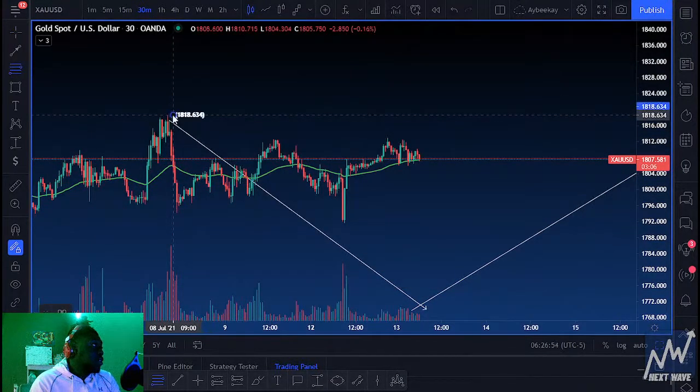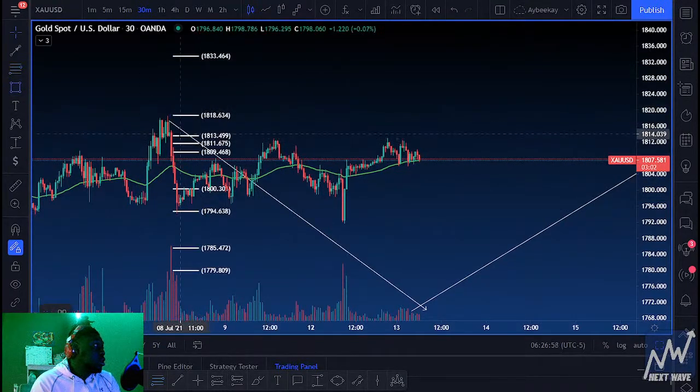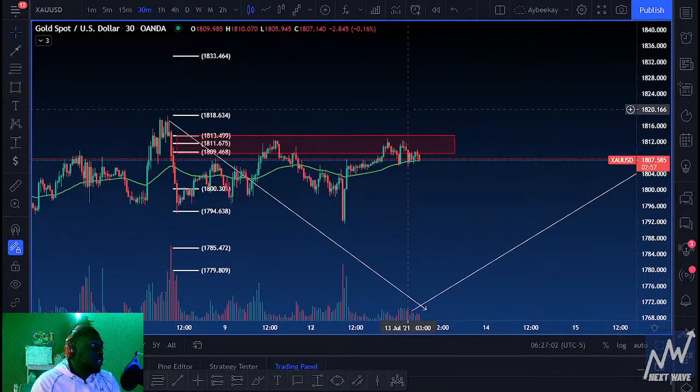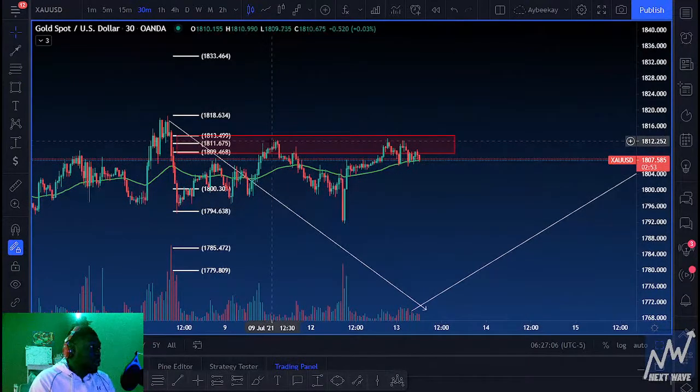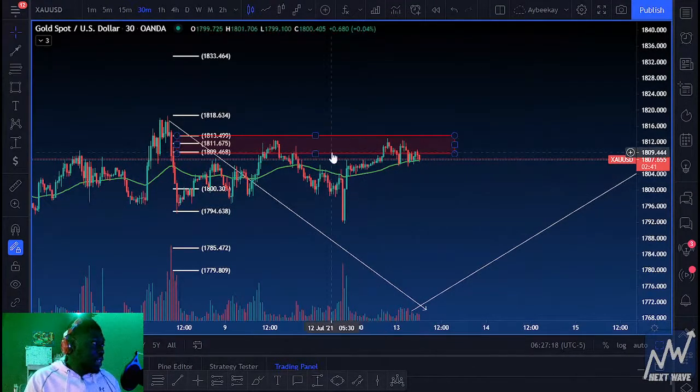If I take from this high to this low, look where price is all in. My thing is that from when price came up here the first time, it had already dropped and came back to these equal lows. So it's basically already made its move. If I were to look for sells, it's already made its move, but it just came back into this zone.